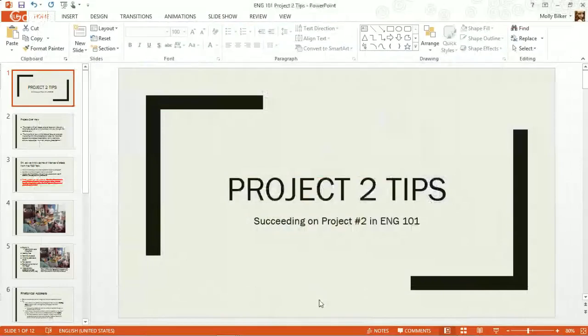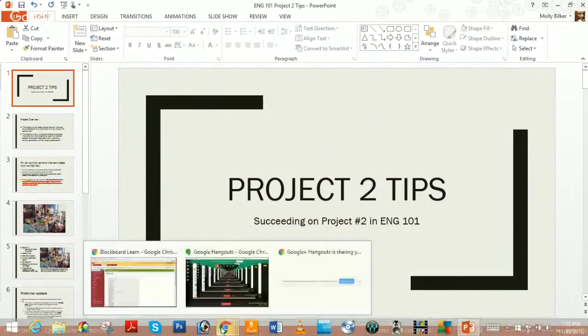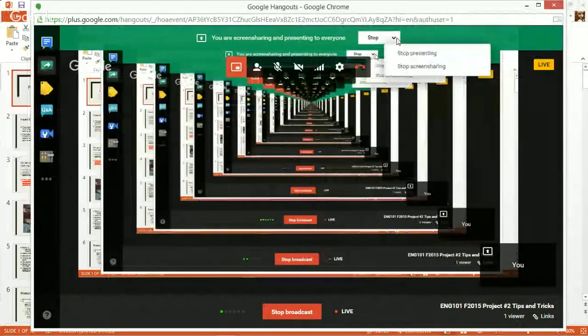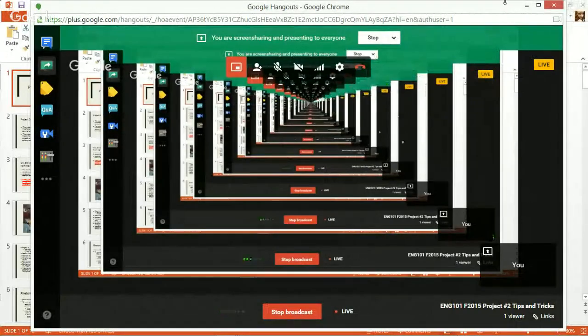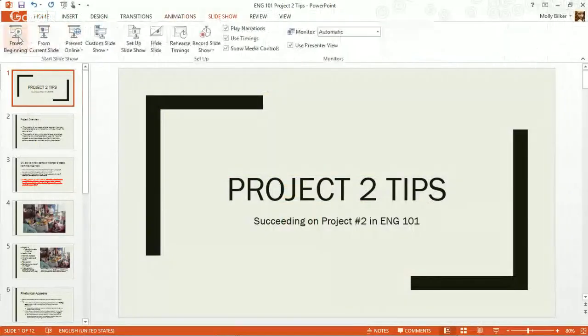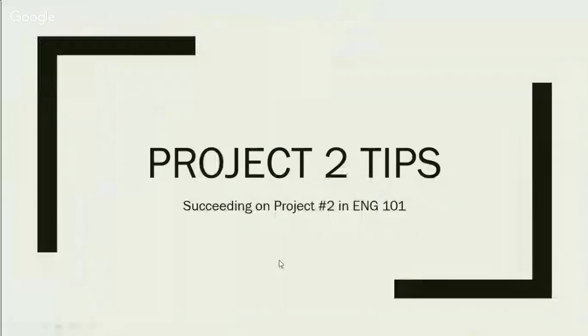Okay, so now we are in project 2 tips. I want to make sure that what's showing up here is right. Oh gosh. I'm hoping that it does. I don't have a great way to check it, so I'm hoping you can see what I can see.